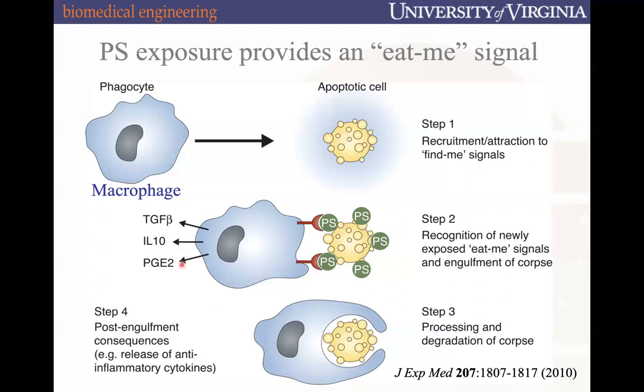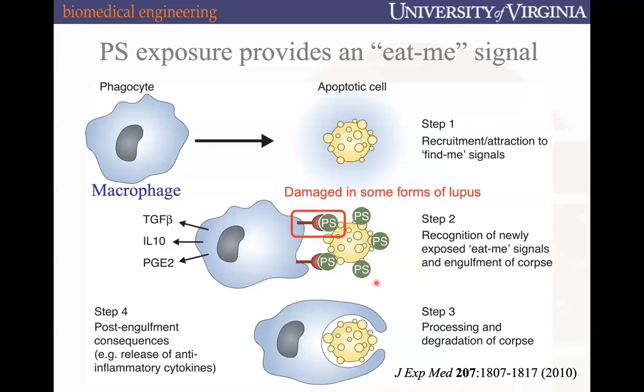So these macrophages can, through this receptor-ligand binding cascade, recognize these phosphatidylserines on the outside of the cells, and this triggers them to engulf the whole cell. This is a good thing for the natural regulation of your cells, for your body and the state of your organs in general. This is something that we want to happen. This is something that the cells have planned, and it is a good thing.